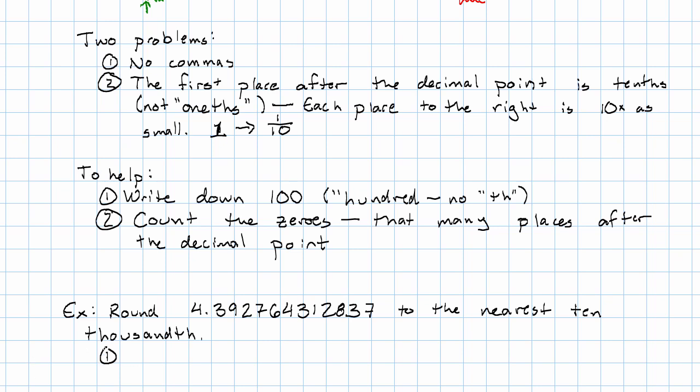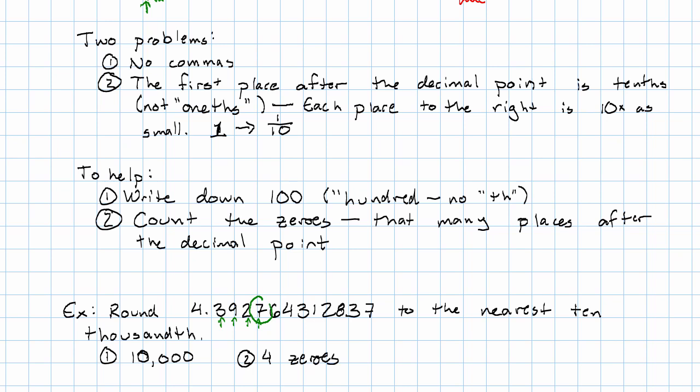Alright, so I'm going to write down 10,000. I'm writing down a whole number, so my friends the commas can help me. And now I count 4 zeros, which means I want 1, 2, 3, 4 digits after the decimal point.